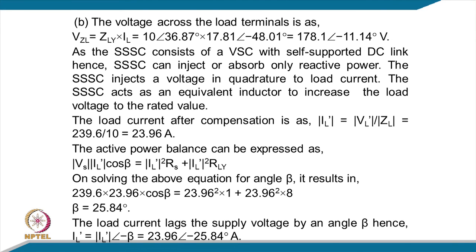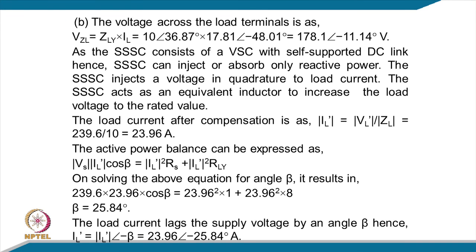The load current after the compensation is equal to the rated voltage 239.6 divided by 10, so it comes to 23.96 ampere. The active power balance for this circuit is the active power consumed by the source impedance plus the active power consumed by the equivalent star connected load on a per phase basis. Solving this, we get beta, the angle between Vs and IL dash, equal to 25.84 degree, and the load current lags by this angle.